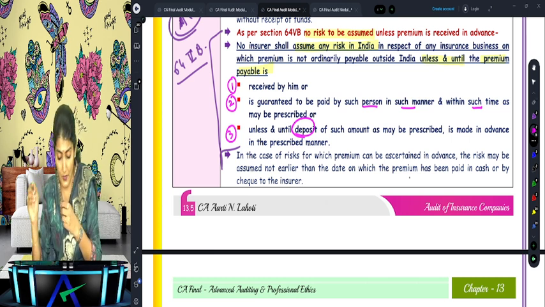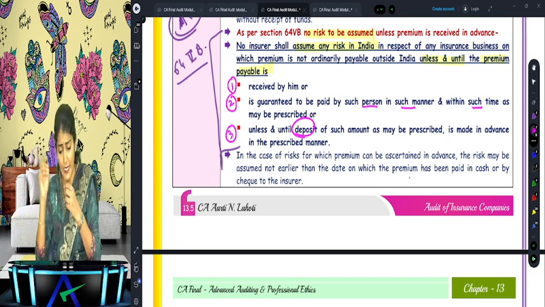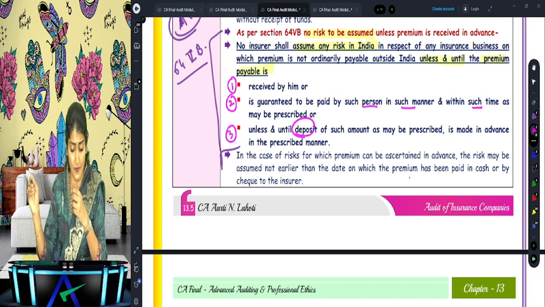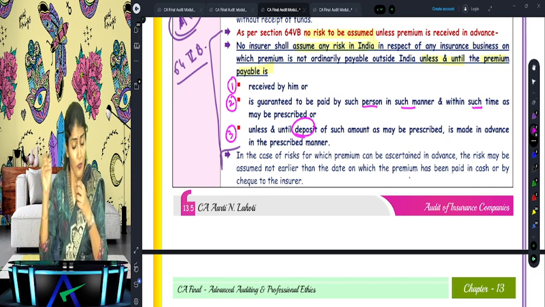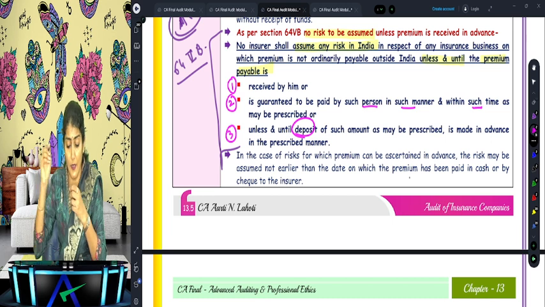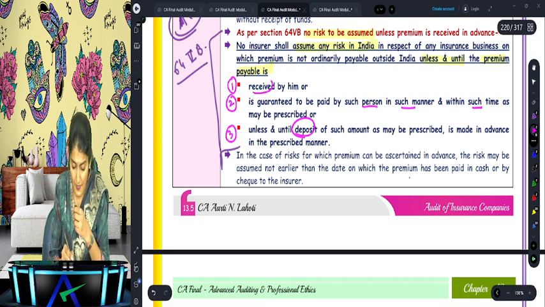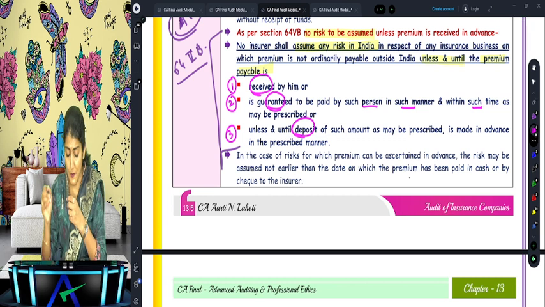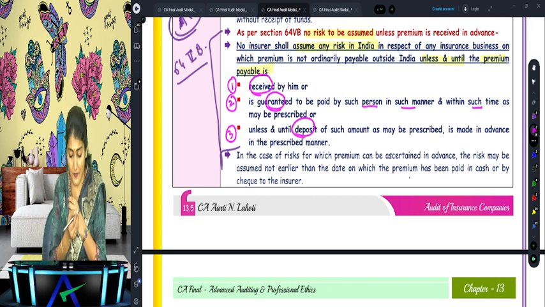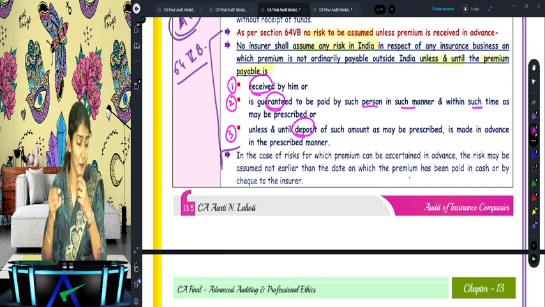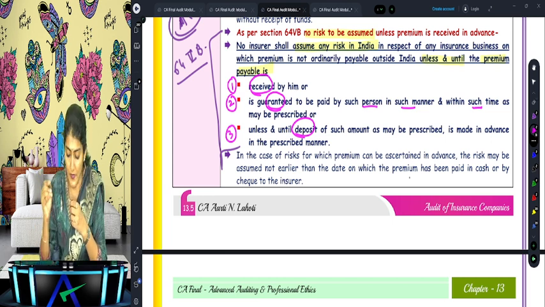No insurer shall assume any risk in India in respect of any insurance business on which the premium is not ordinarily payable outside India, unless and until the premium payable is received by him or is guaranteed to be paid by such person in such manner within such time as may be prescribed, or unless and until the deposit of such amount as may be prescribed is made in advance in the prescribed manner.